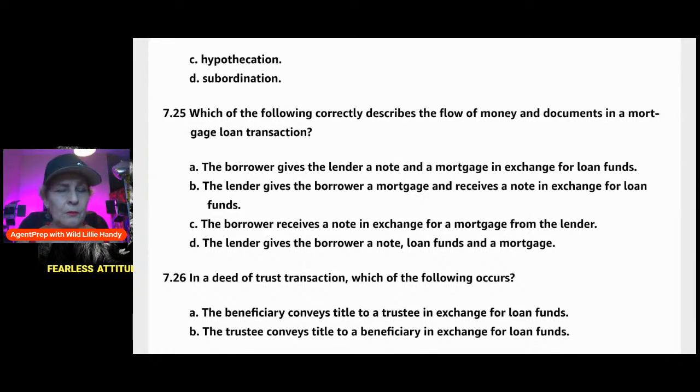So remember, a promissory note, who gives that to whom? You know, I promise to pay what I owe you in this many years and this amount of money. And a promissory note does not get recorded.